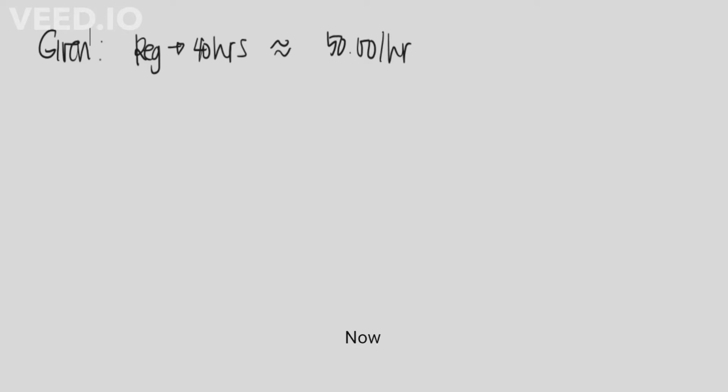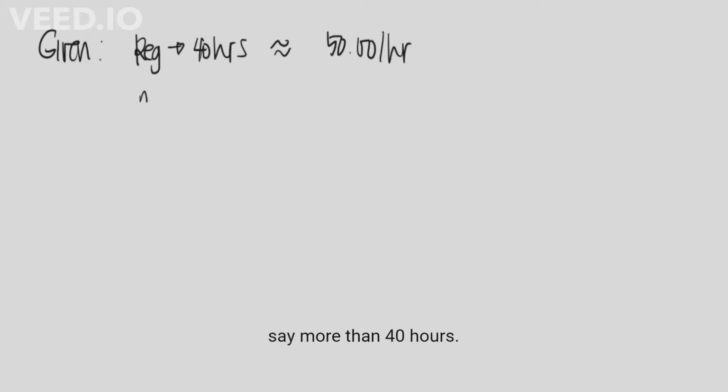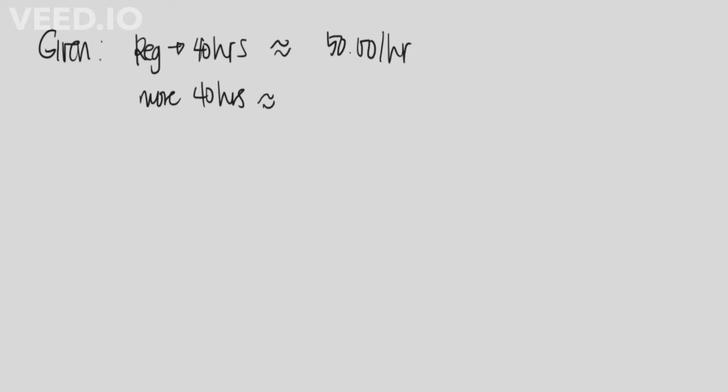Now, however, if the workers rendered more than 40 hours, the excess hours are paid 75% more. So in excess of 40 hours, those particular hours will be 75% more.